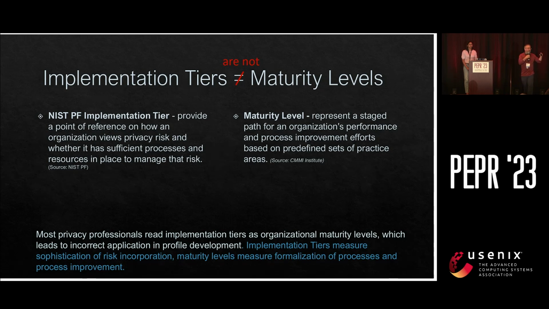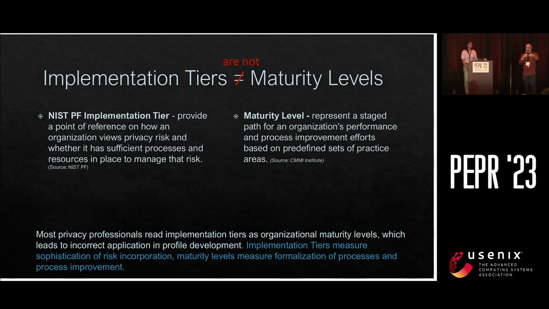That's maturity level. Implementation tiers is about how sophisticated your organization is at understanding risk. You may have a very basic understanding of risk, like, yeah, you're doing something that may cause some problems, or you may actually do some research and see, well, what are the concerns that our industry is creating?